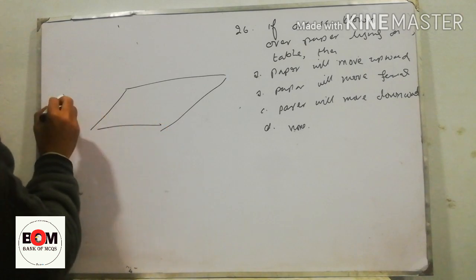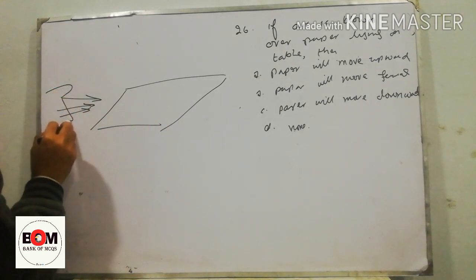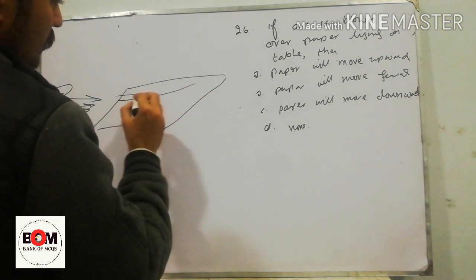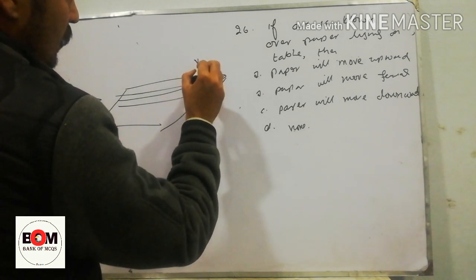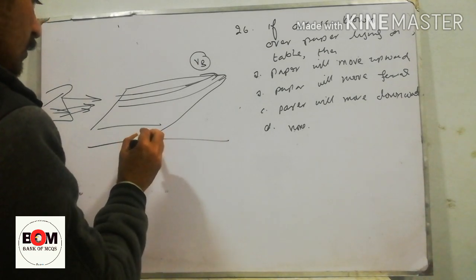lying on the table, and if air is blown from the side by someone, over the page, the velocity above will be more than the velocity below the page.